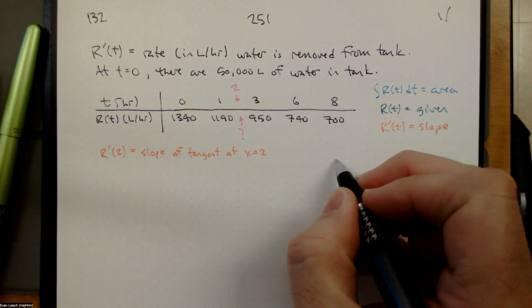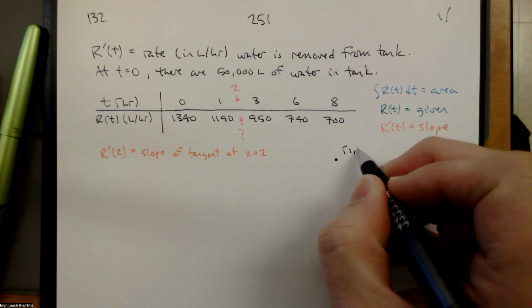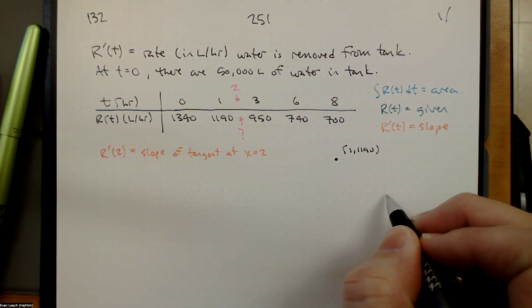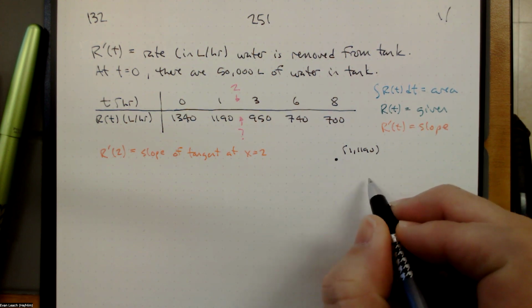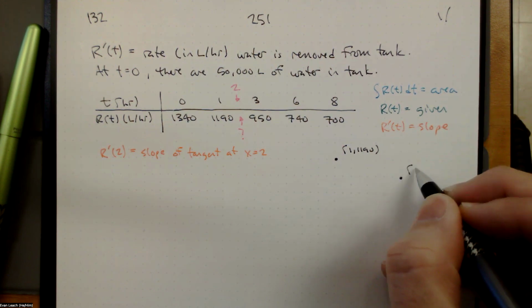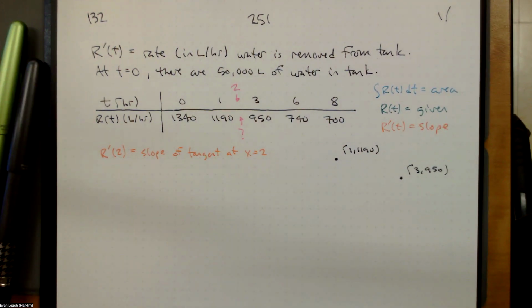So at 1, we're at 1190. And then later on at 3, we're at 950. We don't know what's going on in between. We just know we decrease from 1190 to 950.